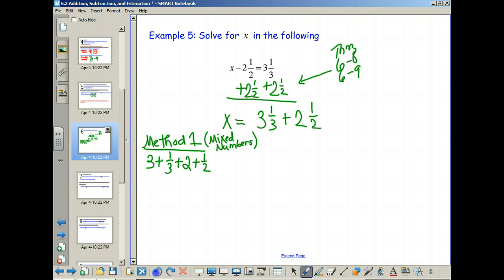And in the mixed numbers approach, I add the whole numbers together. 3 plus 2, and I have 5. And then I have the 1/3 plus the 1/2. Now I'm going to add those fractions together using the same method that we did earlier, right? Or a variety other version of it you've seen is fine. So I'm going to multiply this diagonal, that's 2, plus multiply this diagonal, that's 3.